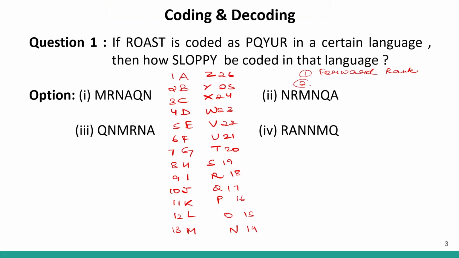The second concept is of backward ranks. Backward ranks means we assign them numbers in a decreasing order. Decreasing order means A will be 26 and Z will be 1.